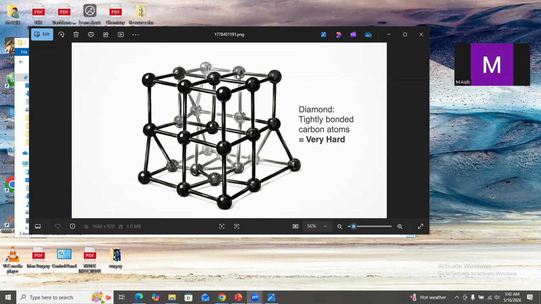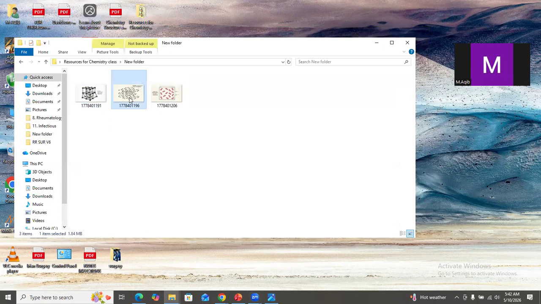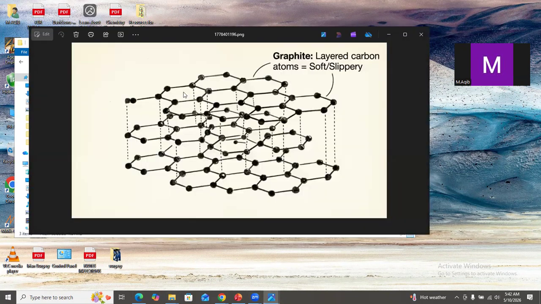On the contrary, there is another carbon that we just mentioned, that is graphite. And you can see that in this form of carbon, each carbon atom is bonded to three other carbon atoms. One, two, three.